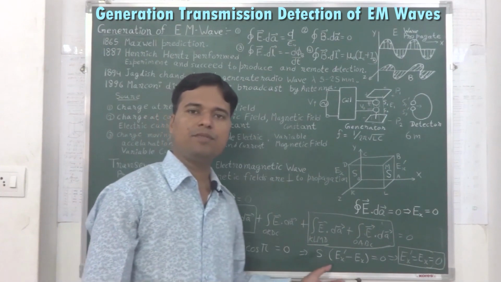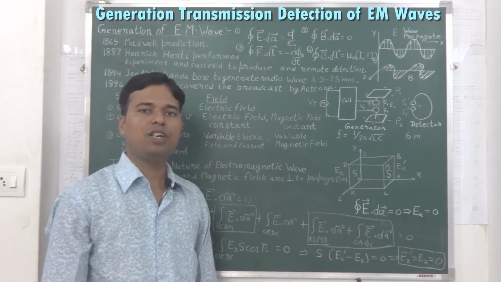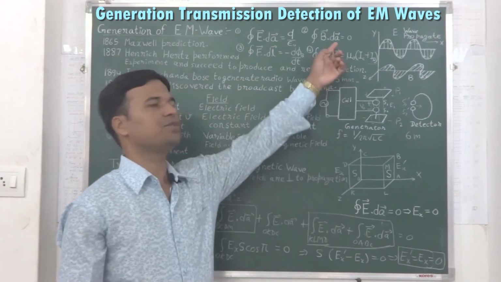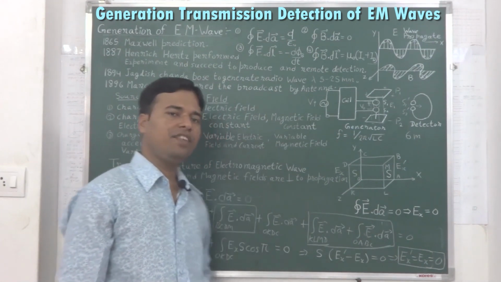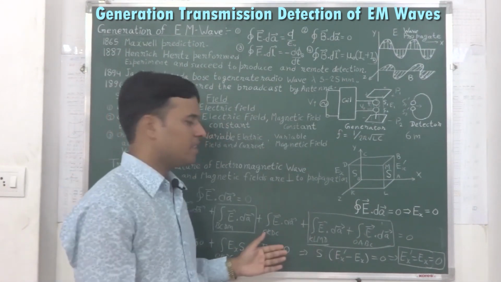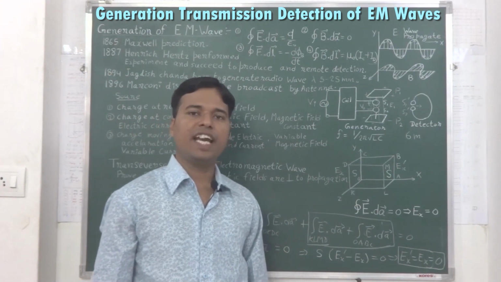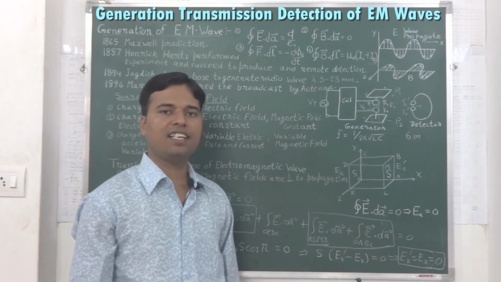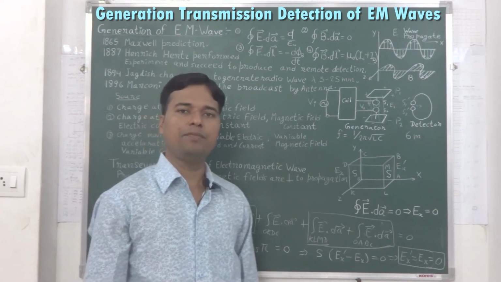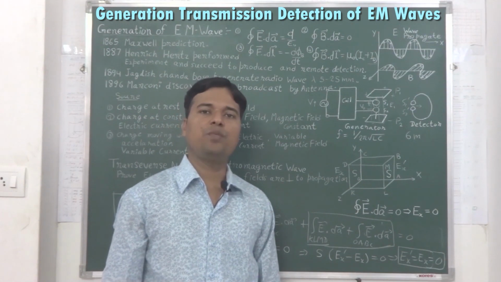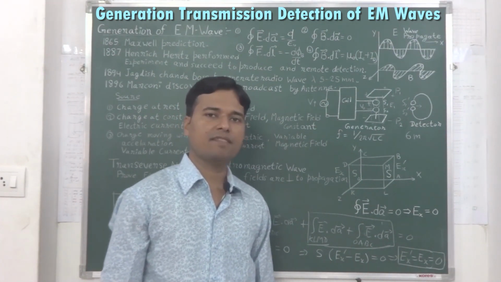We can perform the similar derivation for the magnetic field also. In that condition, we will use the Gaussian law for magnetic field, and we will get the similar result. And finally, we can say the electromagnetic wave is transverse in nature. The direction of wave propagation, the direction of magnetic field, the direction of electric field, these three are perpendicular to each other.